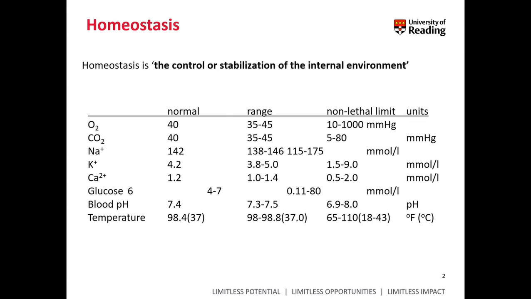Glucose is an interesting one because we do know that glucose has this homeostatic level of 6 millimoles per liter, which is not easy to remember. It's much easier to remember 100 milligrams per 100 ml of blood.